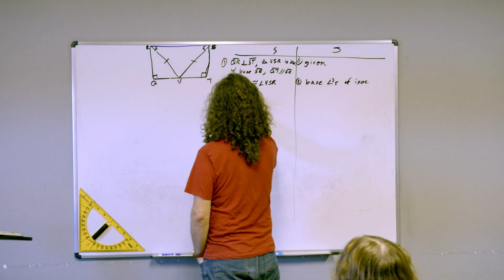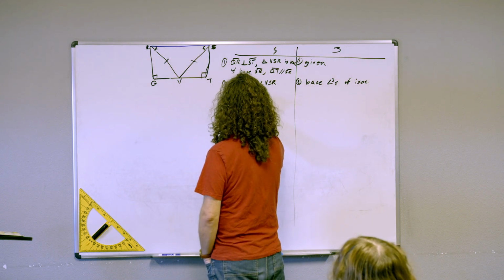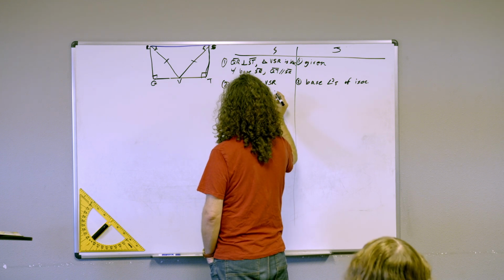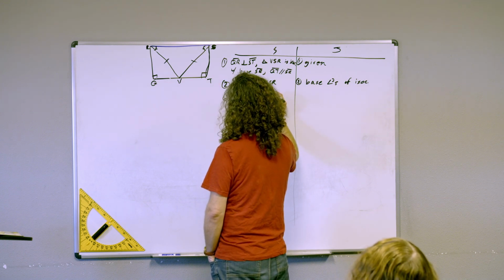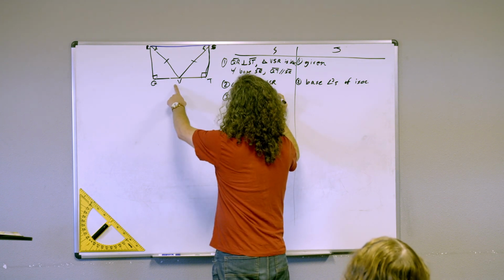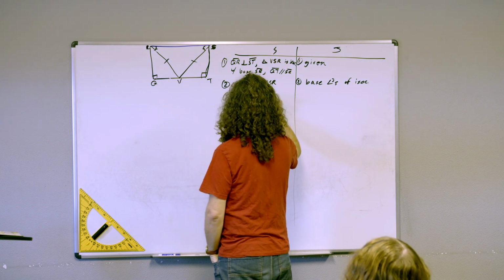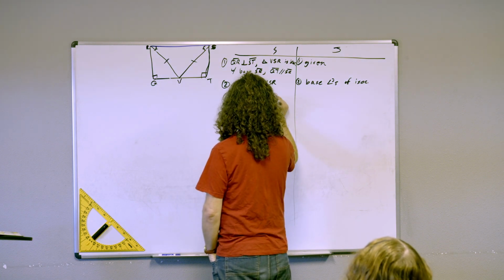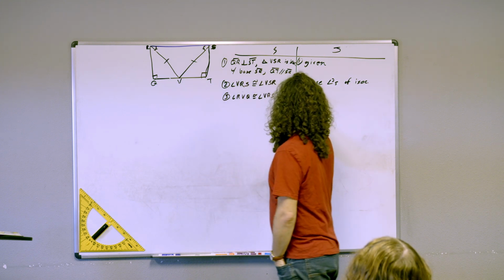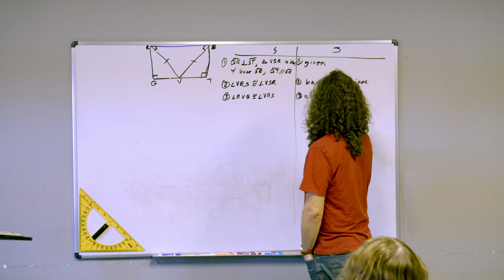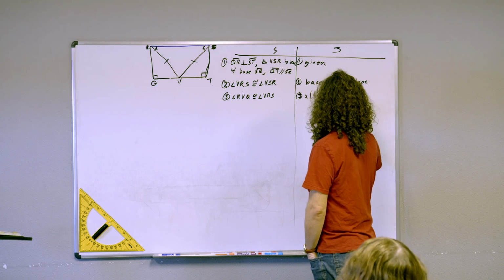So angle RVQ is congruent to angle VRS because alternate interior angles.